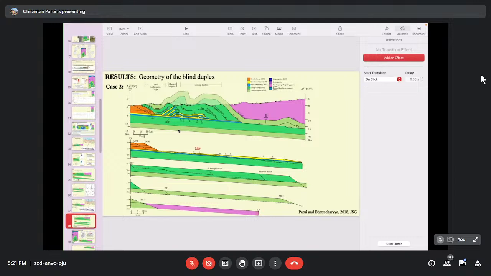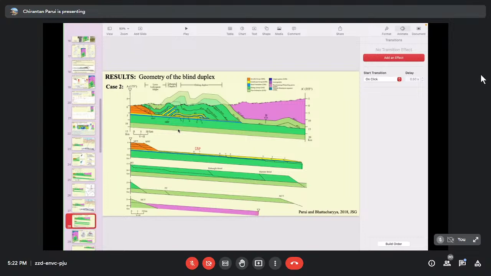Yes. So regarding the first comment, which is about the outcrop patterns, are you talking about the north-south fold and the overall outcrop pattern? Overall outcrop pattern. So that has been explained by two different schools of thought.